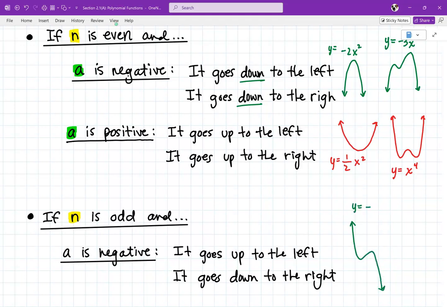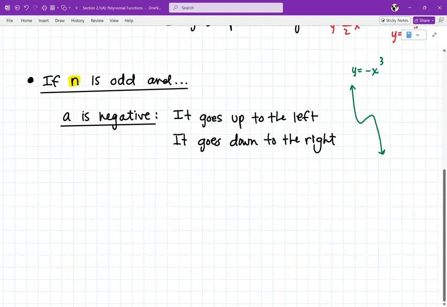This is y equal to negative x cubed. Notice it has an odd power of 3, and the coefficient in front of it is a negative 1. So if it has a negative number in front of it and an odd power, it's going to have this behavior. As it goes to the left, it goes up. So it goes up to the left. It goes down to the right. So if a is negative, it goes up to the left, it goes down to the right.